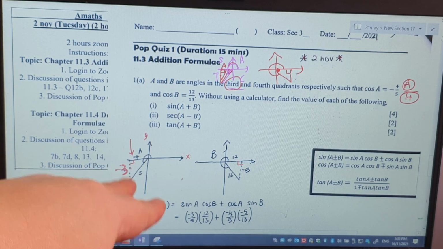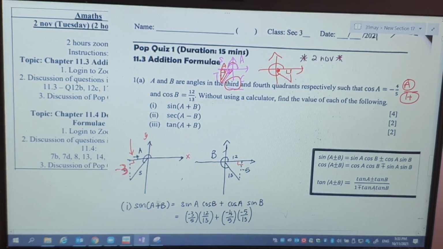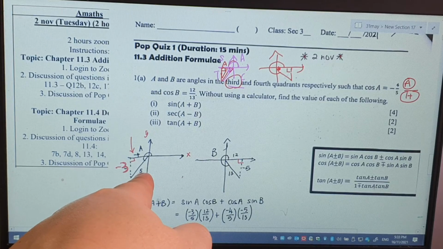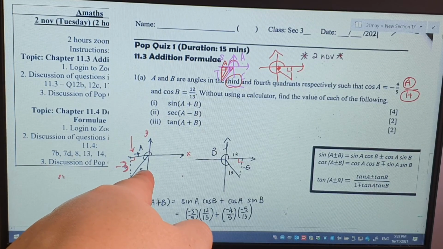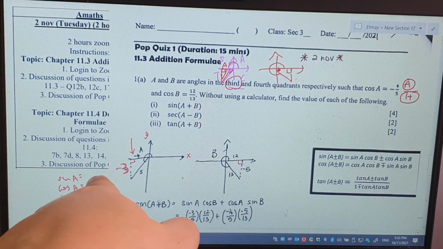If it's above, then it's +3. Now this -3, -4 and 5 would help you to get your sine A, cosine A, tangent A values, which you may need later.